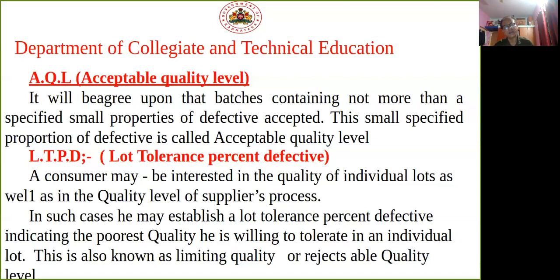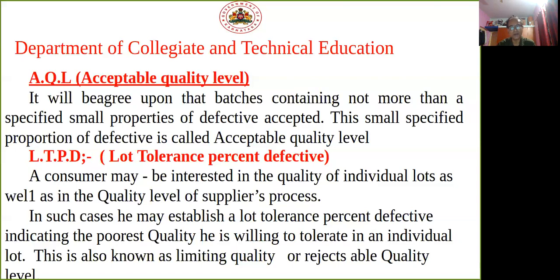Whenever a customer thinks about the quality of the product, he thinks about the individual lot that he is going to purchase, and what the manufacturer says about the lot. The supplier may say that this lot may contain 1% defectives, or he may say it may contain 2% defectives. So he is interested in that.